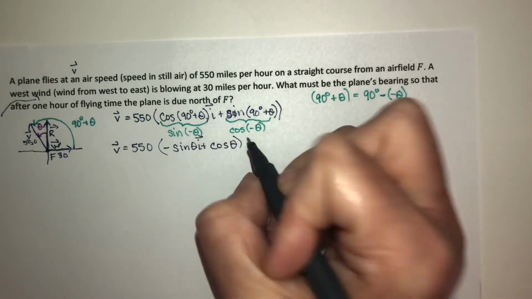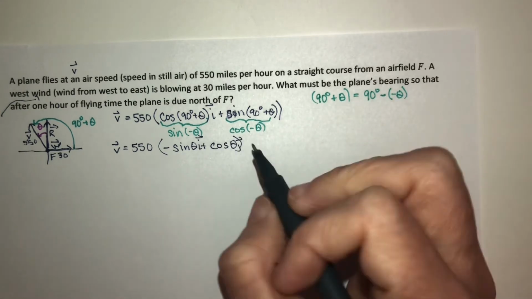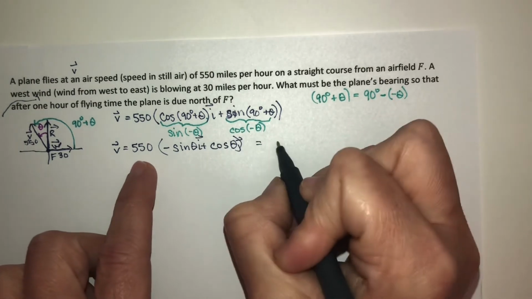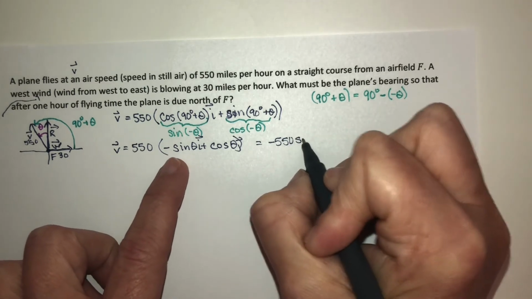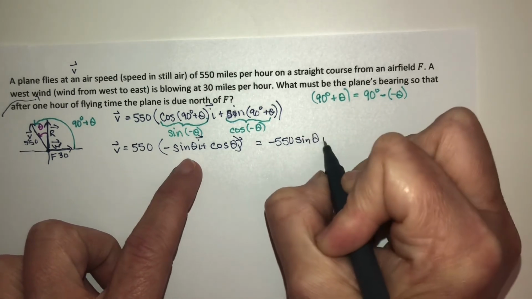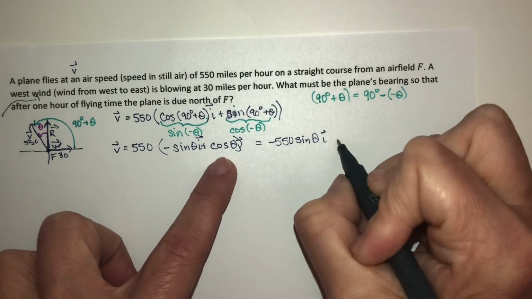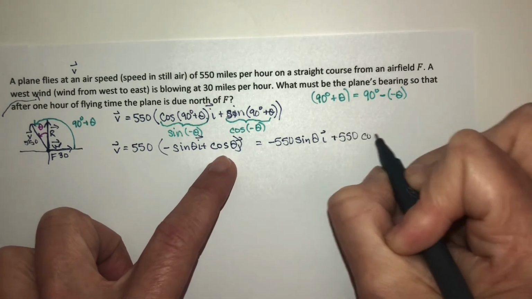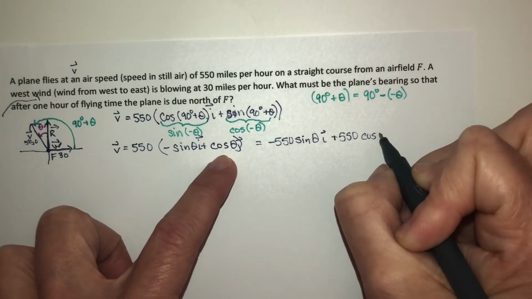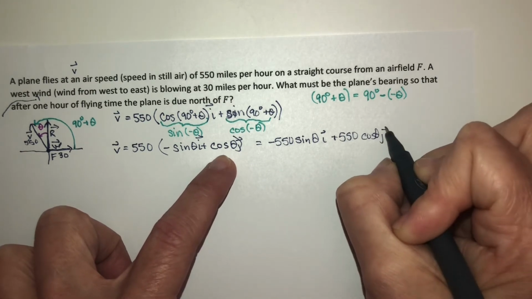I always leave those off. So now distribute, and you've got negative 550 sine of theta, vector i, plus 550 cosine of theta, vector j.